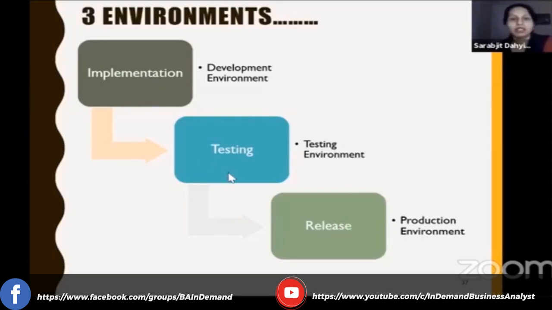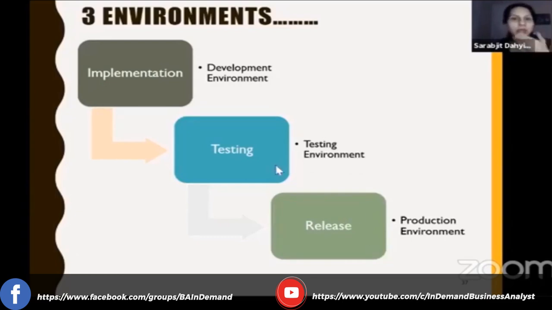Then you have a testing environment. So once our developers are done coding and they're done doing unit testing to make sure that what they have coded works from their best point of view, then they move it into the test environment. This is where our QA folks go in and they test either manually or with automated testing to make sure that everything that's been coded based on the requirements works.